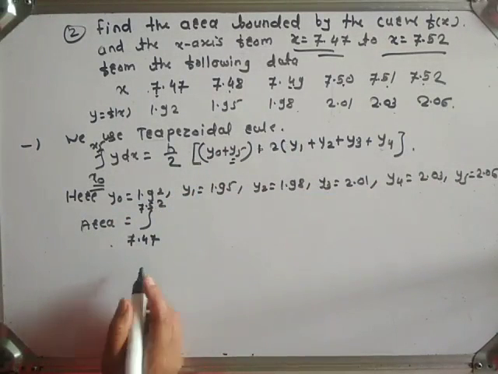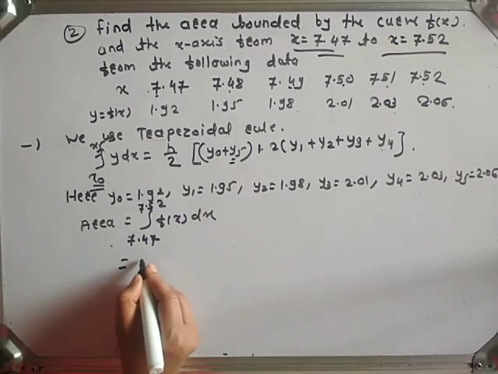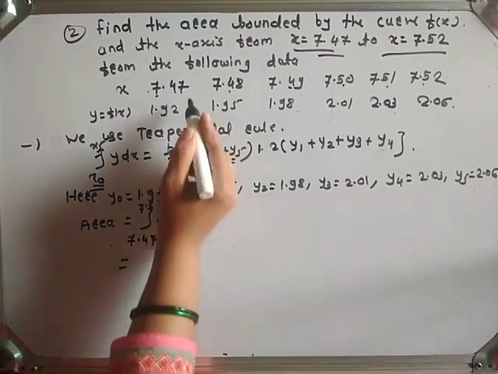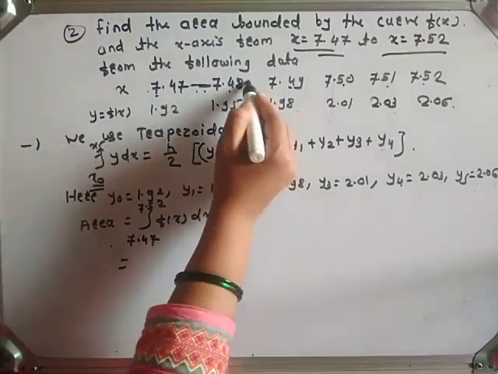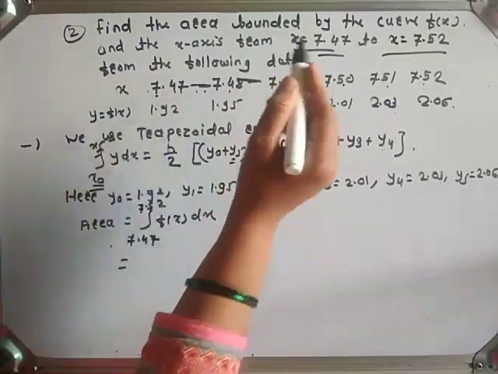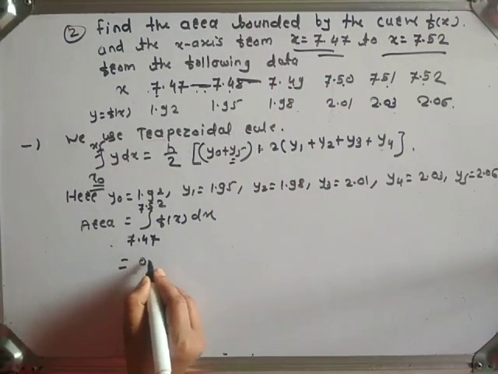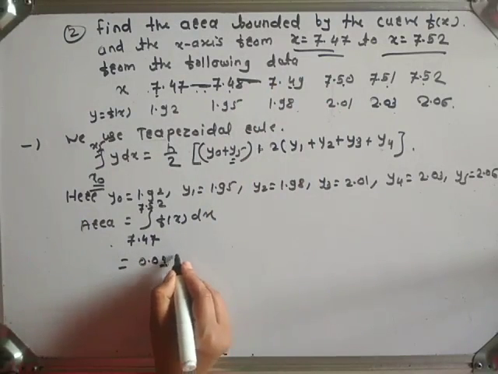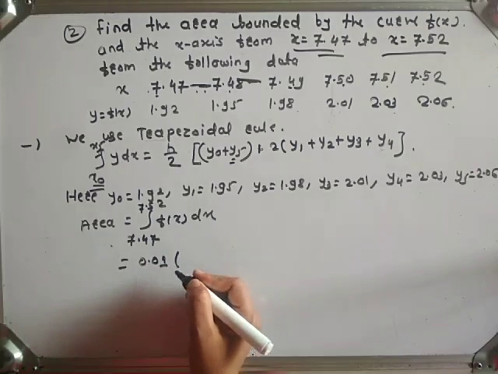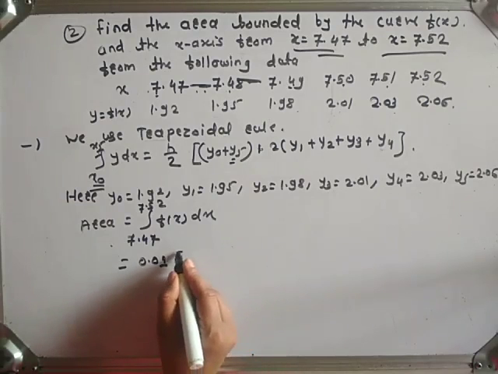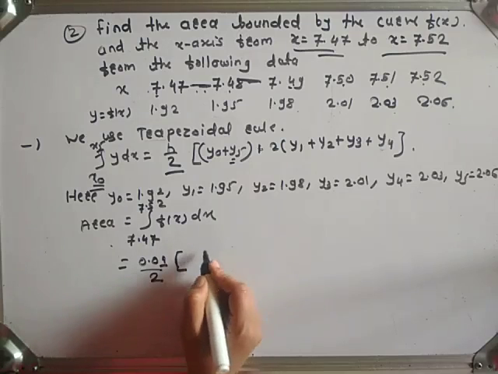Okay. The integral of f of x dx is equal to h upon 2. See here, the difference of these two is 0.01, the difference of these two is again 0.01. So your h is 0.01, into, and here divided by 2.